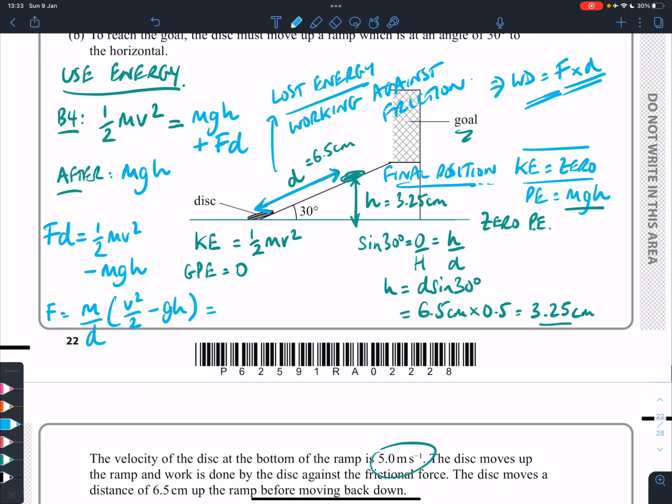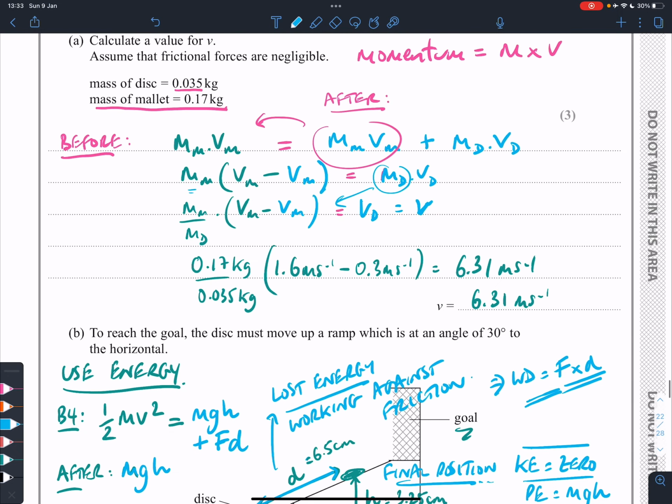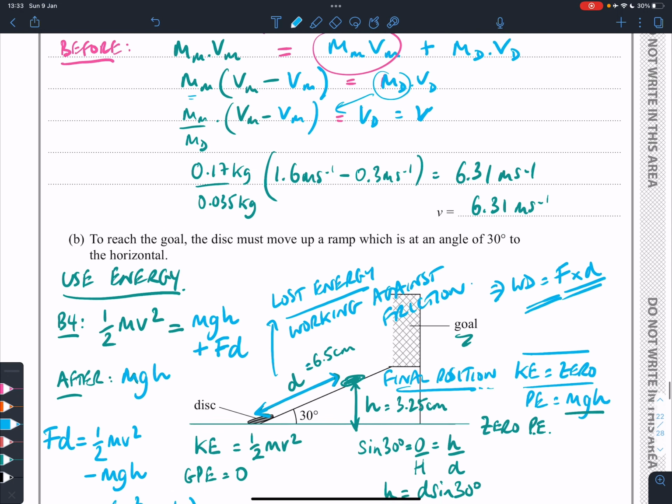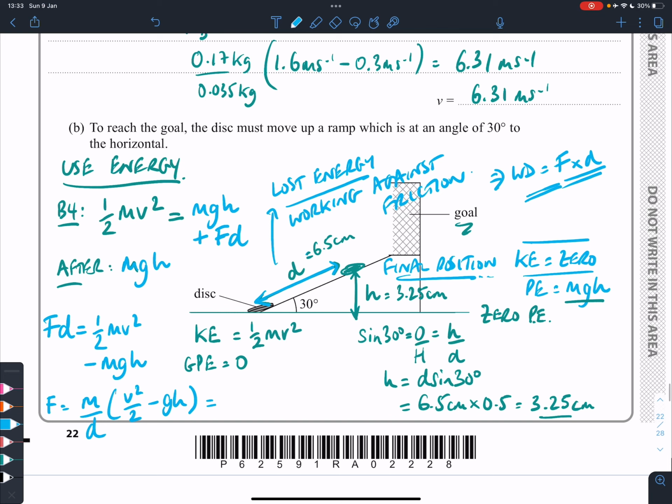So the mass of the disc is 0.035 kilograms. I'm going to put the numbers in anyway. So 0.035 kilograms divided by the distance up the slope, which is 6.5 centimetres, so 0.065 metres. And then I've got the velocity squared over 2.